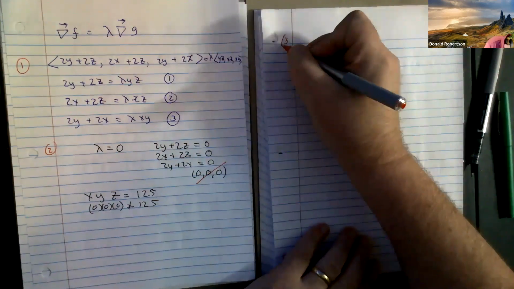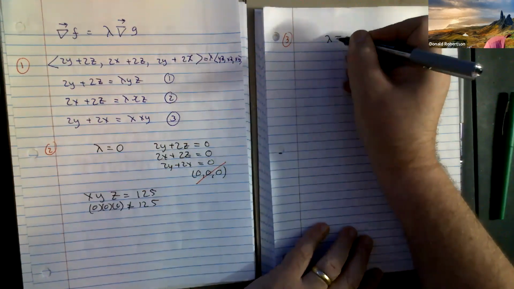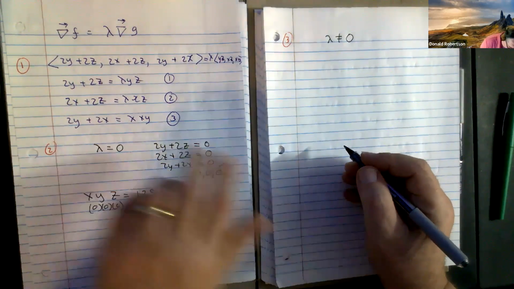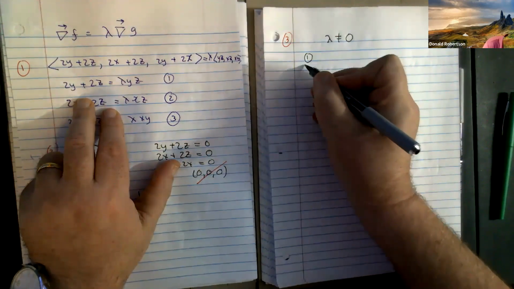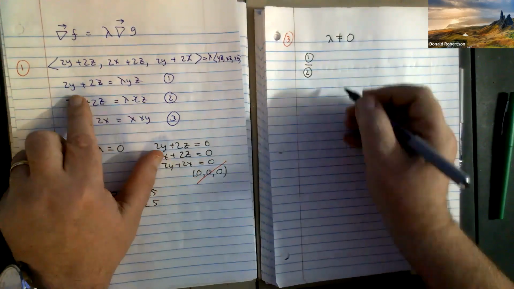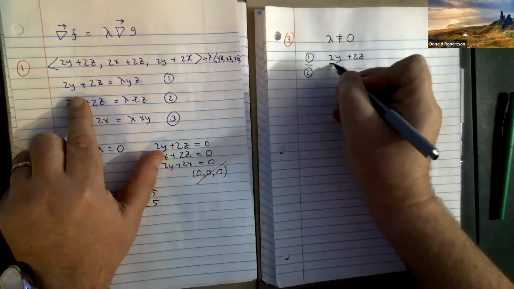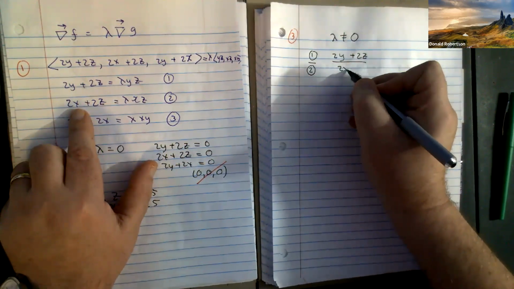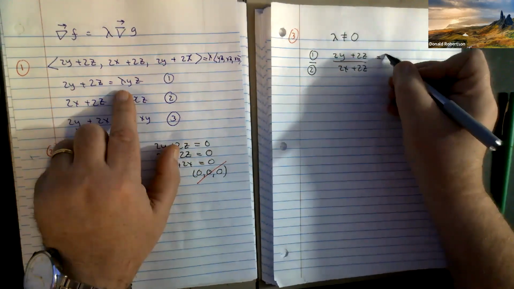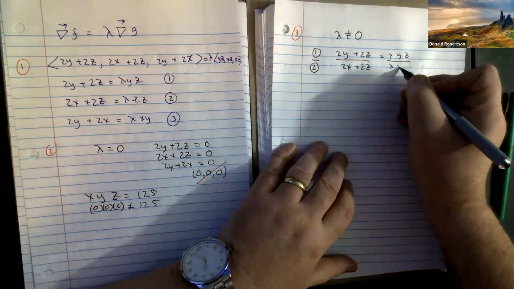Our final step, really. We will assume that lambda is not 0. And I'm going to take equation 1 and divide it by equation 2. That's going to get me 2y plus 2z over 2x plus 2z, and it's going to equal lambda yz over lambda xz.